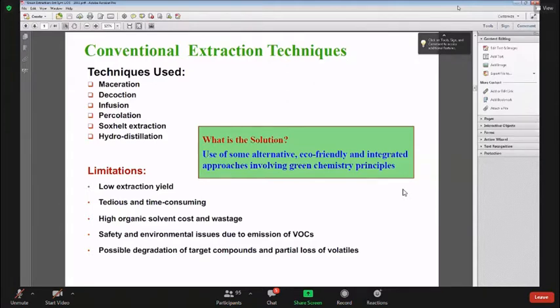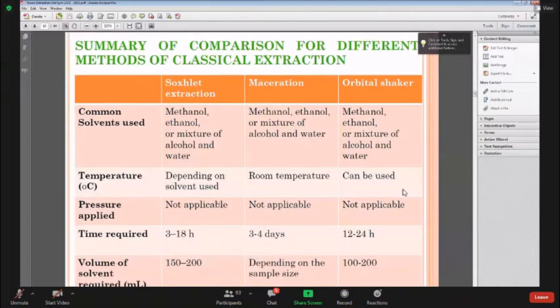Safety and environmental issues are there, especially due to emission of volatile organic compounds. There is possible degradation of targeted compounds in some of the methods which involve heat. So there is some option to look into alternative methods as compared with the conventional extraction.